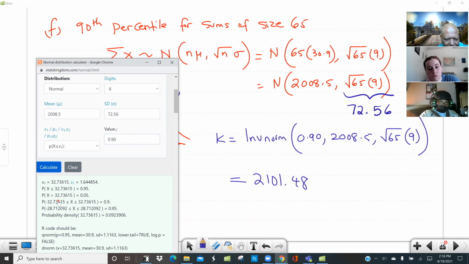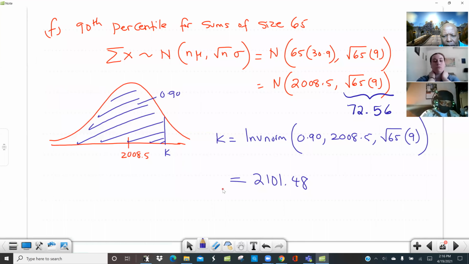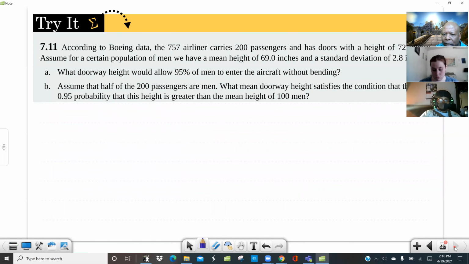These are big numbers again, so it has to work a little bit. You want to be patient with this calculator. Yes, 2101.48. So 90% of all groups of 65 prostitutes will have a sum of ages less than 2101.48 is what we're talking about, right?